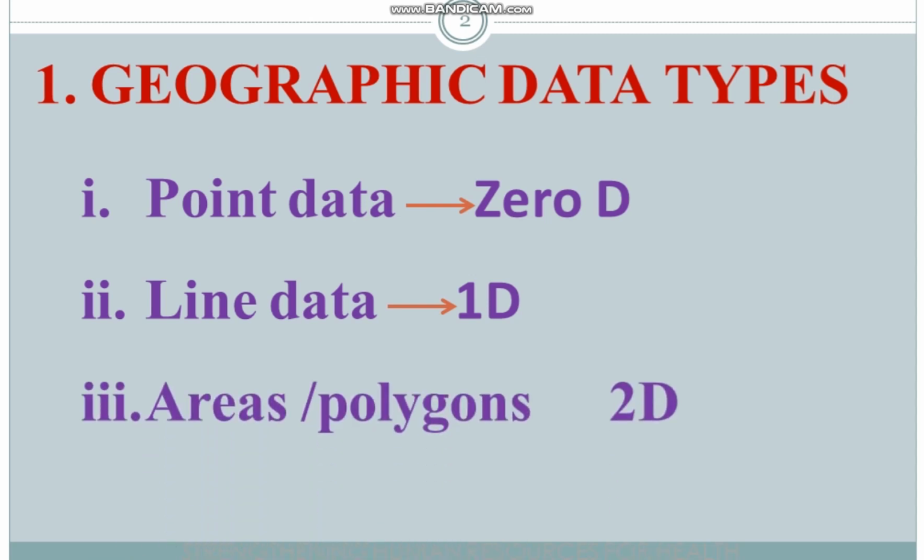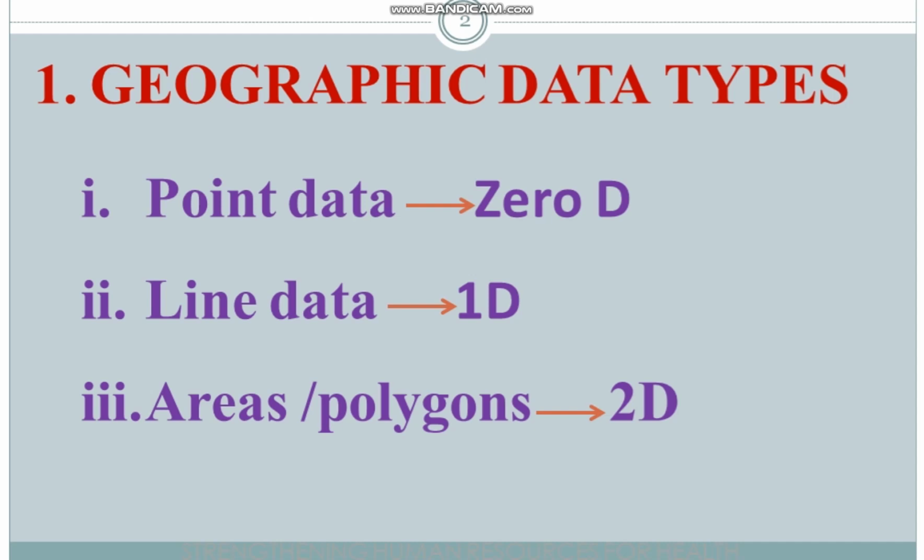The third one is areas or polygons. This is 2D. Areas are represented by a closed set of lines, and they are used to define features such as fields, buildings, or administrative boundaries. Plots or parcels can be area entities, each with its own area.